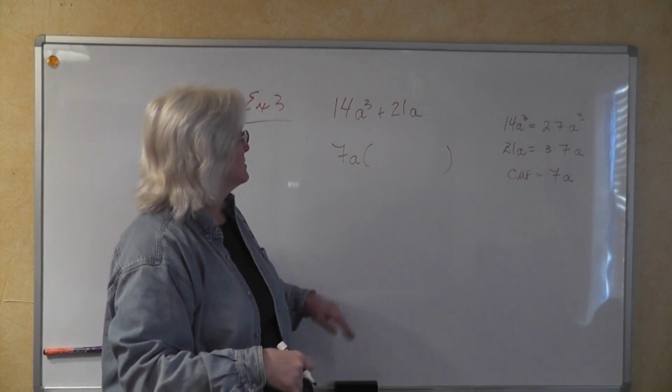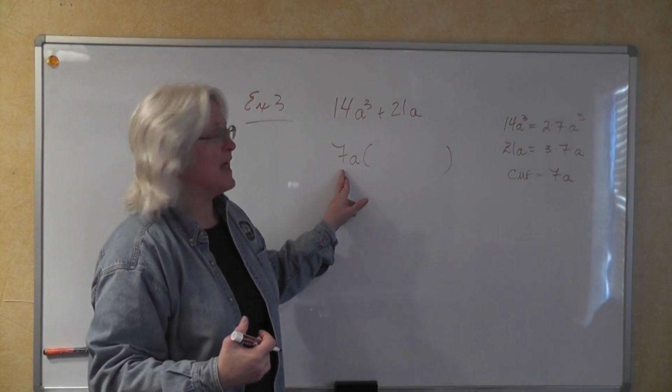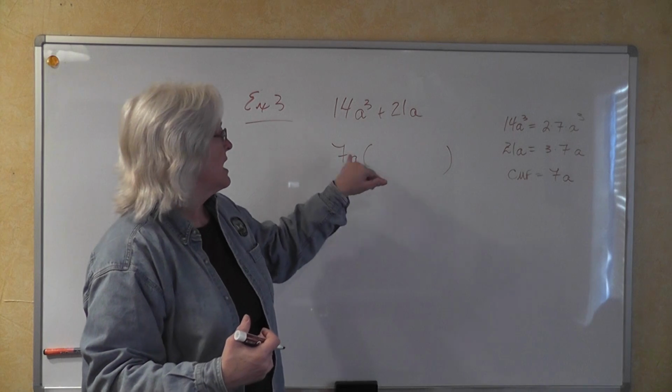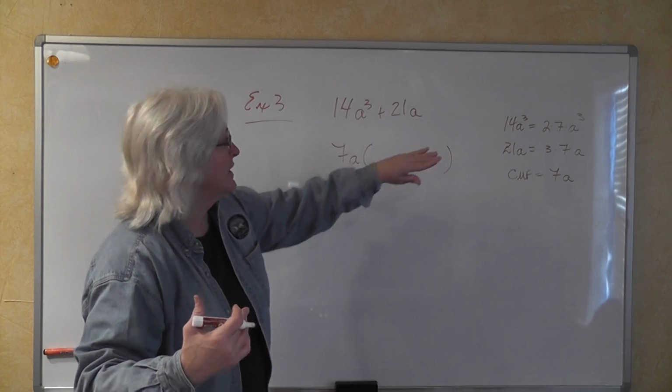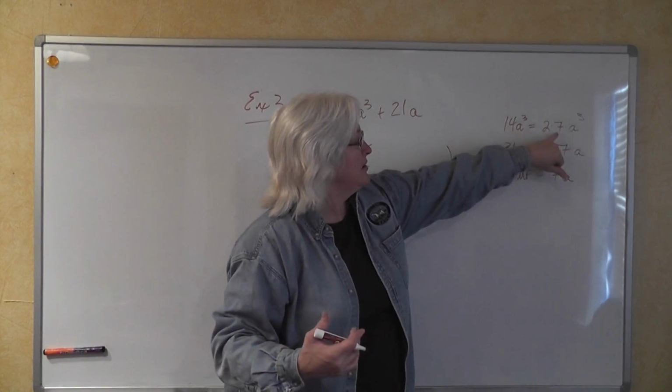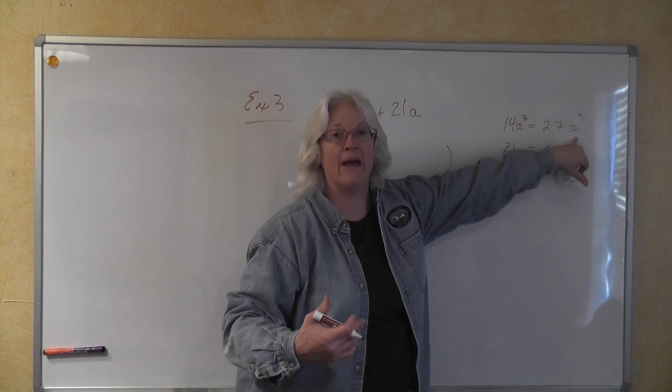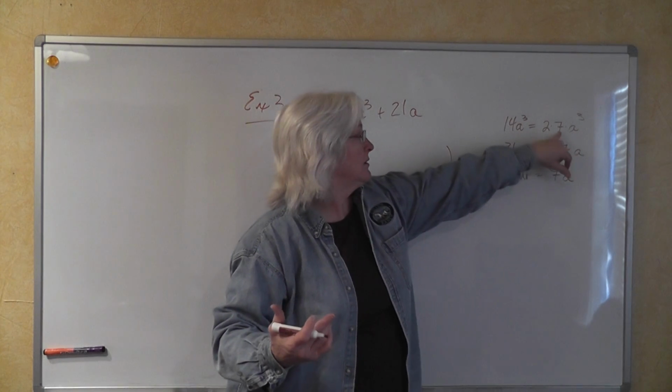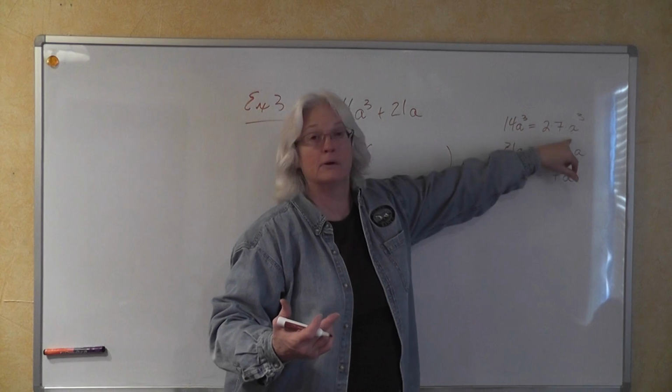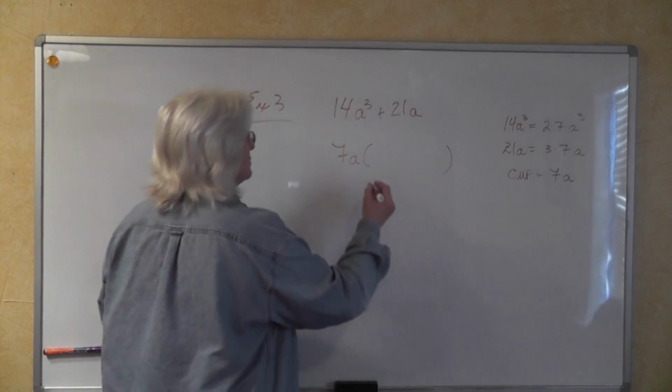Now let me show you this. If 7a is our common monomial factor, let's look up here. We've already used a 7 and an a. What's remaining in there? The 2 and 2 more factors of a: 2a squared.